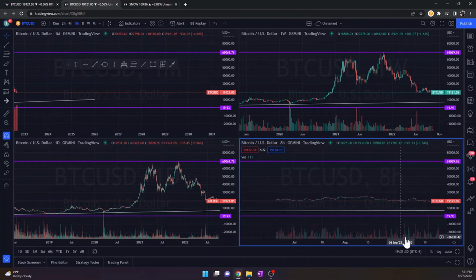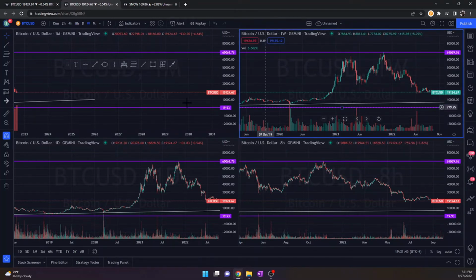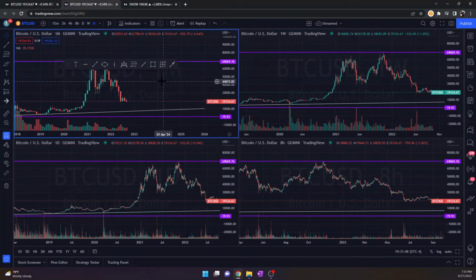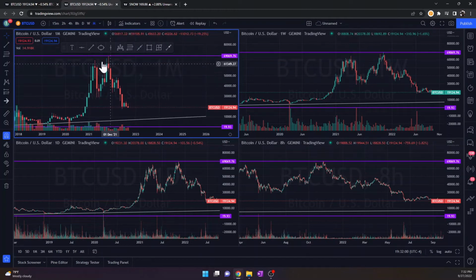So this is all looking at the same chart data, but at different levels of definition. As we can see from the monthly chart, we are definitely in a downtrend. And that's the other thing about trend lines, is they help you determine the trend.